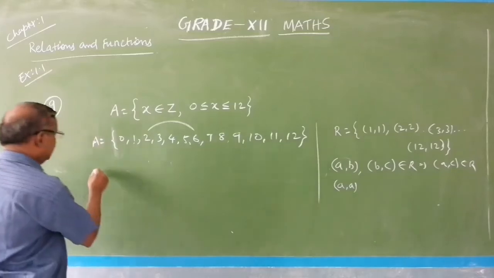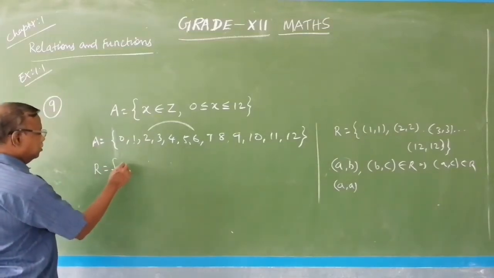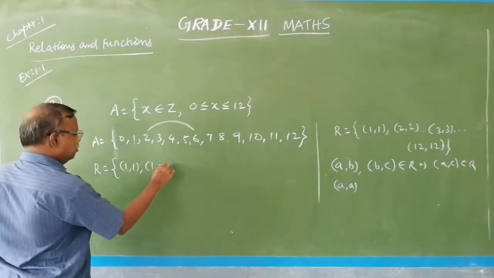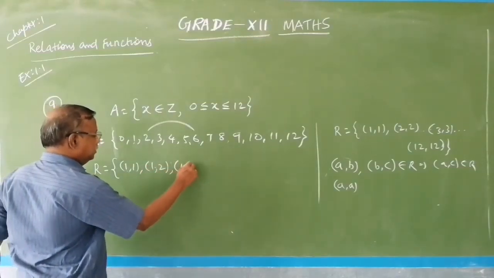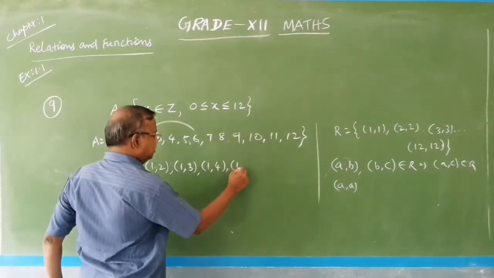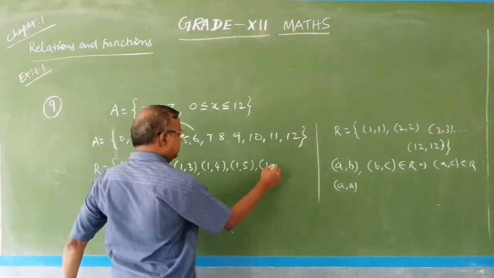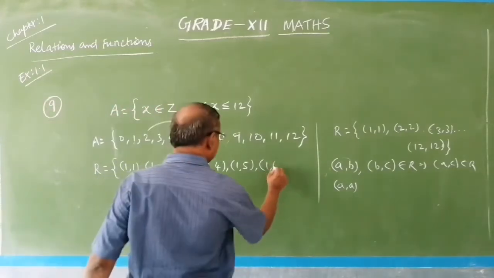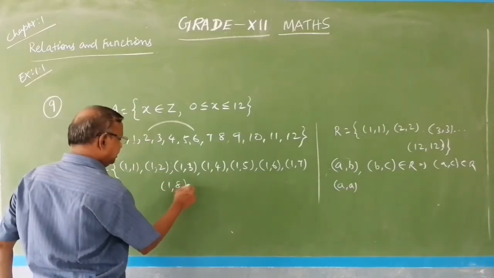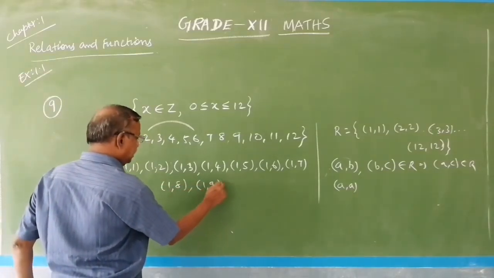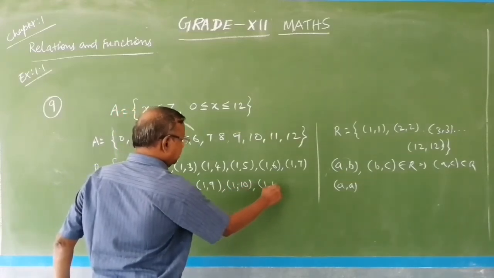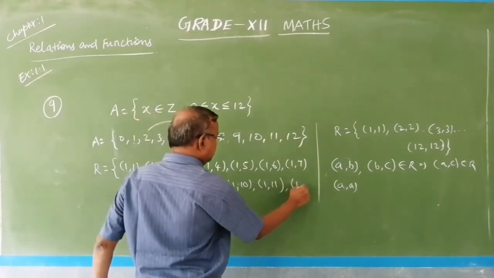That means, here R equal to 1 comma 1, 1 comma 2, 1 comma 3, 1 comma 4, 1 comma 5, 1 comma 6, 1 comma 7, 1 comma 8, 1 comma 9, 1 comma 10, 1 comma 11 and 1 comma 12.